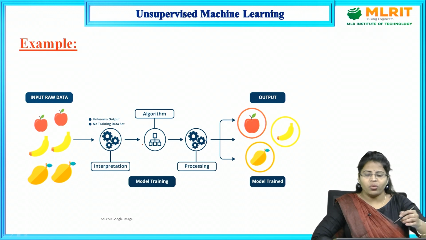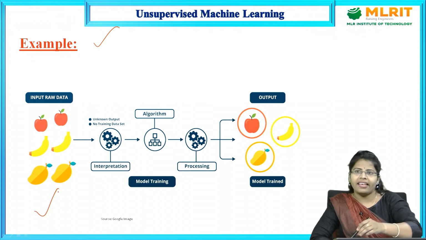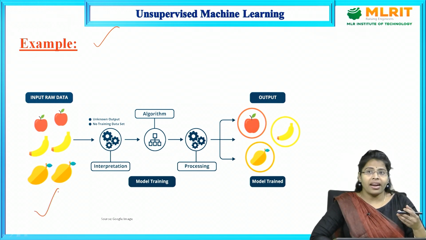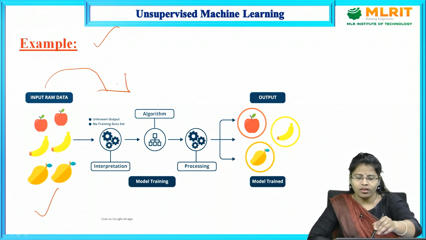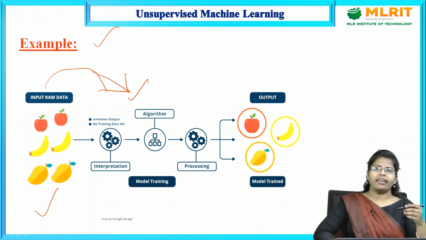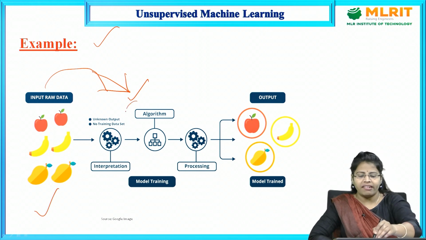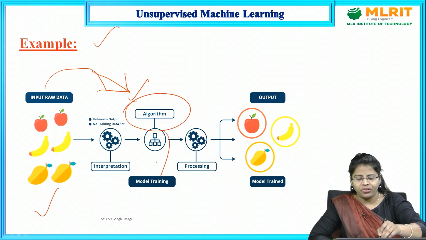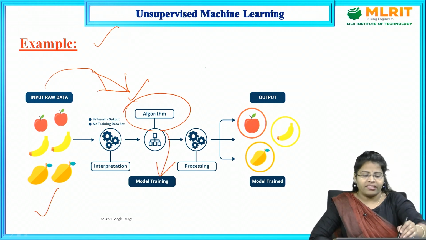Let me explain with one example of unsupervised machine learning. As you can see in the image, it consists of different varieties of fruits like apples, bananas and mangoes. We are going to give these different types of fruits to the machine learning algorithm and train the model with the help of an unsupervised machine learning algorithm. We train the model to detect the clusters.